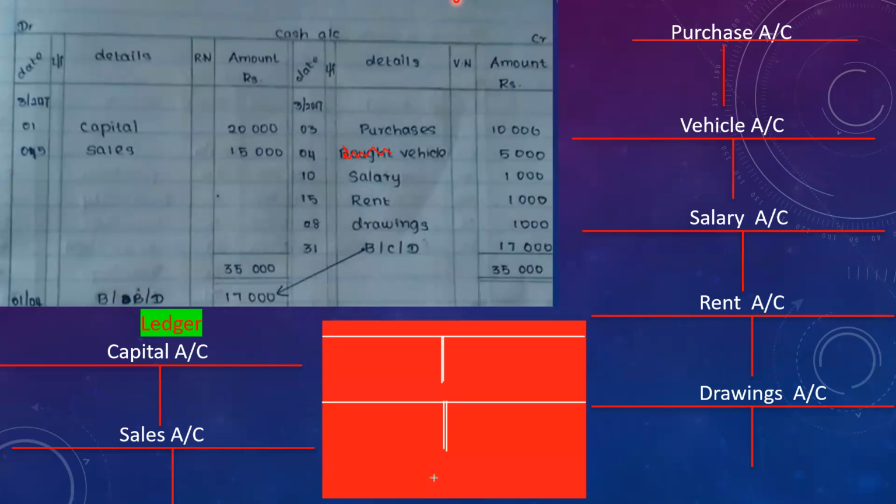Only 4 lines are enough: double line, 1, 2, 3, 4 lines. Likewise, another ledger account, like the purchase account, you draw like this, and in the middle, you draw 1, 2. In all these accounts, we have a middle line.